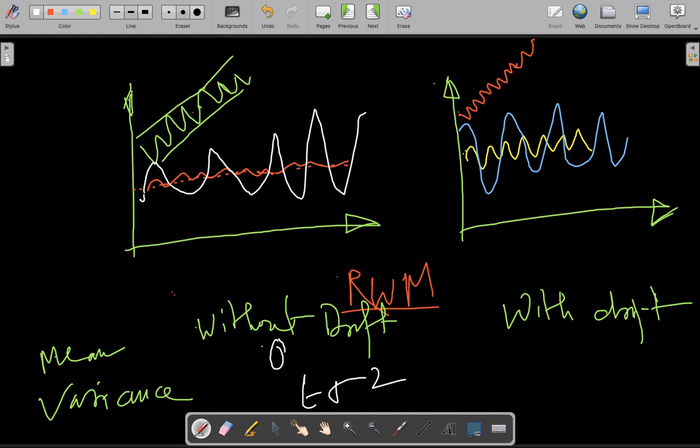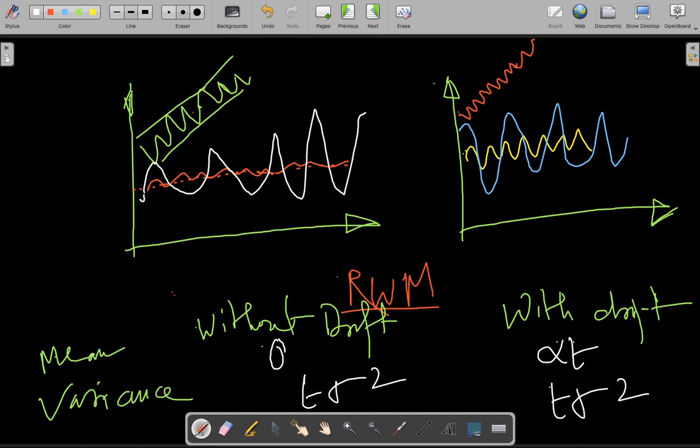On the other hand, for the process with drift, I had my mean alpha t, where alpha is the drift parameter, and the same variance t sigma square. If this is how my mean and variance for these two models look, how could I interpret the stationarity?